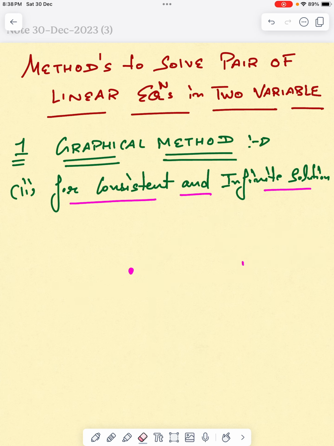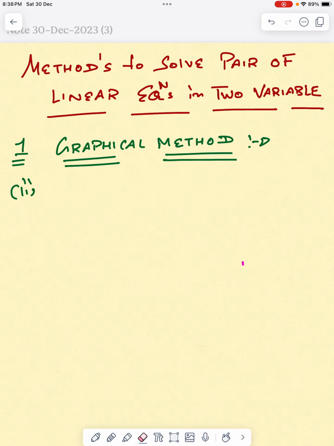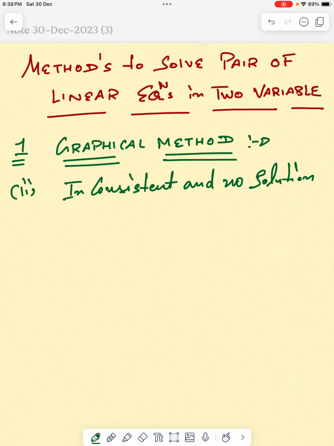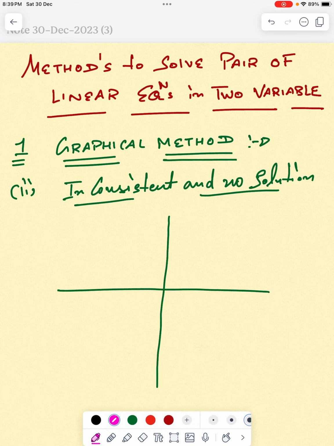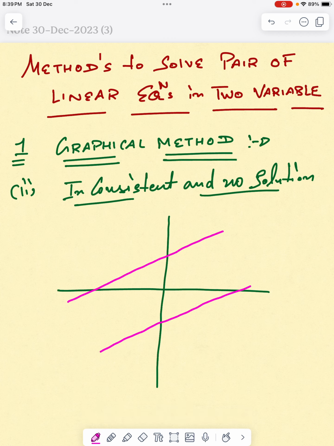The third kind of graph you get is for an inconsistent system with no solution. What kind of graph will you get? You will get a pair of straight parallel lines, like this. I am drawing it freehand, but they are actually parallel lines.